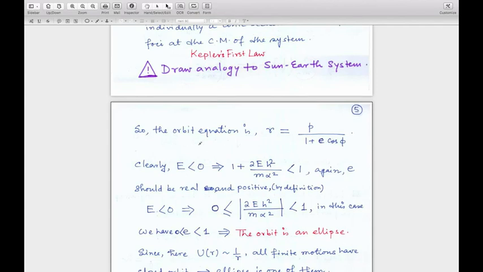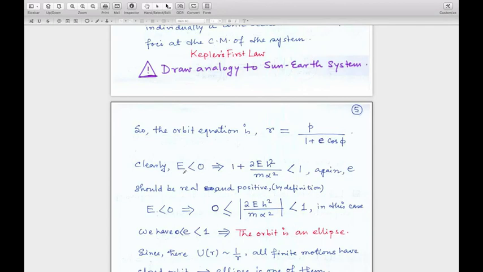Now, in the case where E is less than 0, that means the total energy is negative. That's only possible when the negative potential energy dominates the kinetic energy, because the kinetic energy parts, both the radial and the cross-radial part, that means the centrifugal energy part, are positive definite. So the only way the total energy can be negative is when the potential energy dominates over the total kinetic energy contribution.